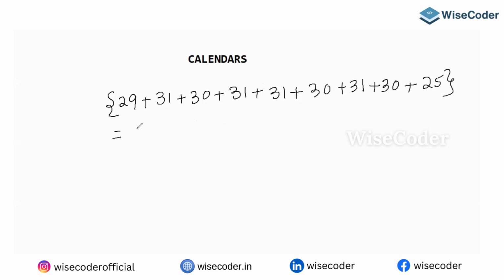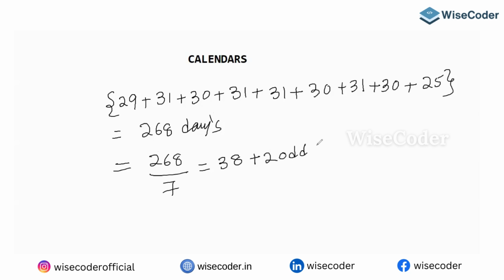So if you add all the days, you will get 268 days. And this 268, if you want the day, you have to divide by 7. If you divide by 7, you will get 38 plus 2 odd days, because 7 3s are 21, you are left with 5, and so on.